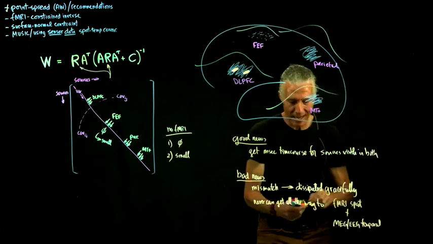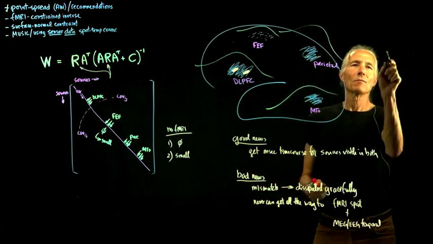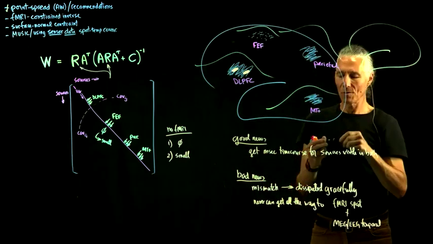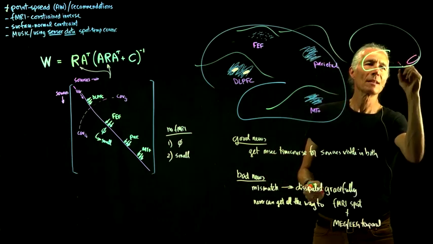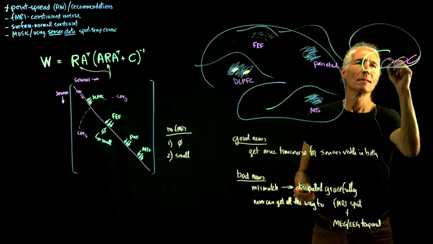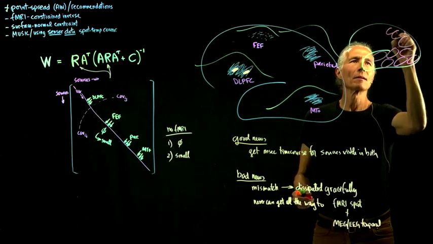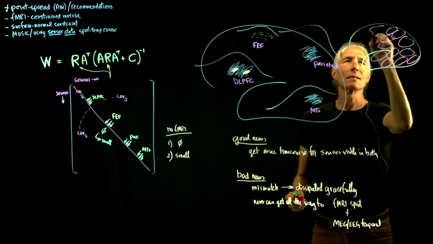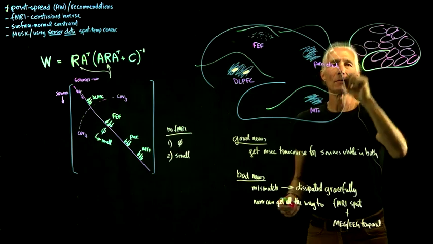But what can we do? And I just mentioned this last time. We can divide the brain up into like 20 or 30, 1 to 2 centimeter patches like this. We can distinguish things in this ballpark. We can tell the frontal eye fields apart from dorsolateral frontal cortex from orbitofrontal.